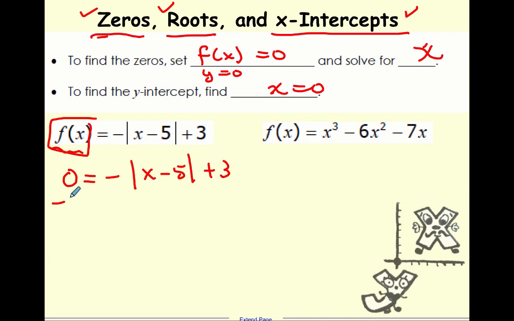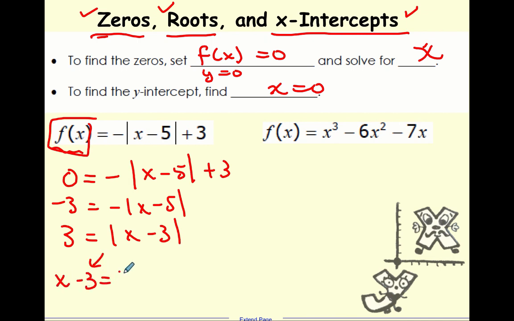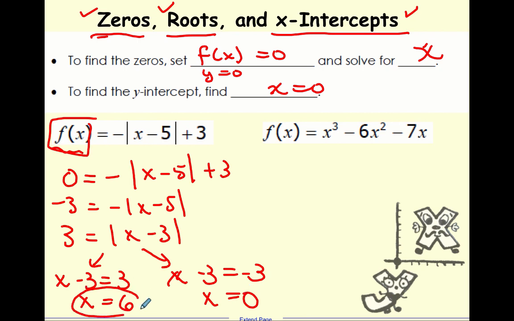So we subtract 3, and then divide both sides by negative 1. Now we have that the absolute value of this expression is equal to 3, which means it could be 3 or it could be equal to negative 3. Based on those two, adding 3 to both sides, we get 6 on this equation and 0 on this other. So this is going to have two x-intercepts, one at 6 and one at 0.